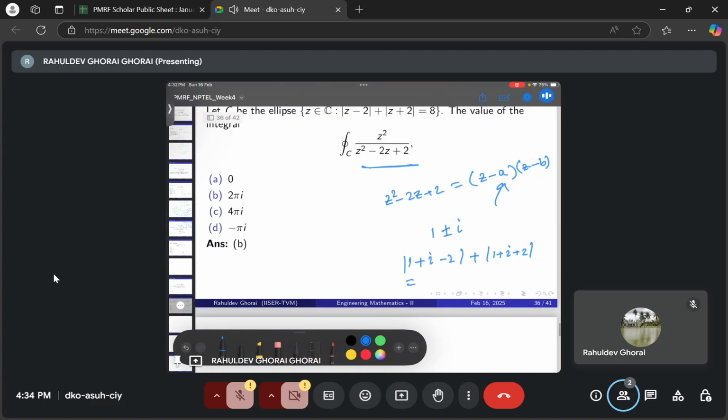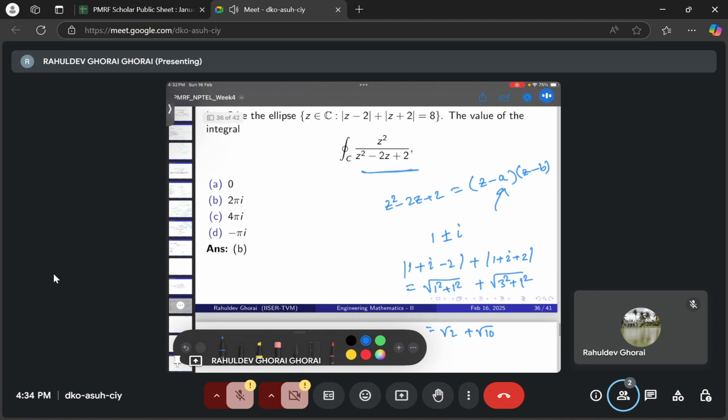So for that, what will happen here, it will be 1 square plus 1 square, right, plus square root of 3 square plus 1 square. So it will be square root of 2 plus square root of 10, whether this is greater than 8 or not. So you will see this will be 3 point something, this is 1 point something, it cannot be, so it is less than.